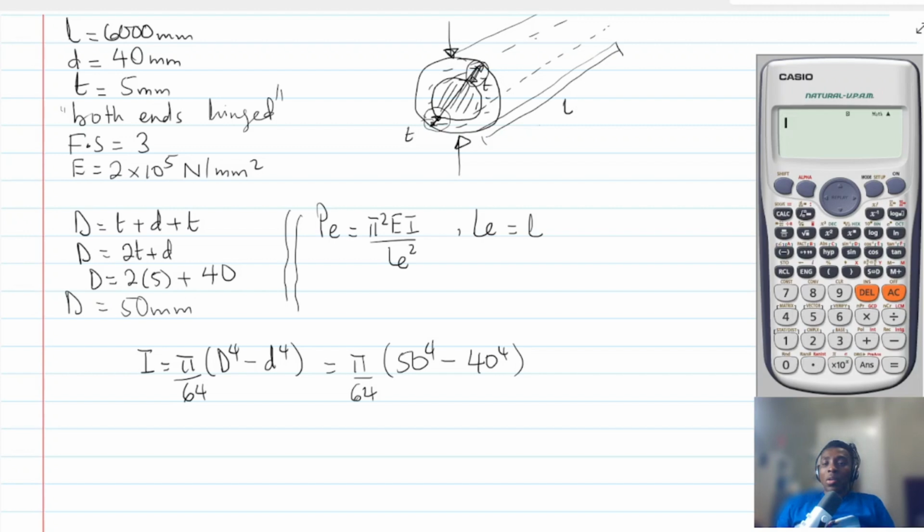Okay, so let's pick our calculators and compute the area moment of inertia.